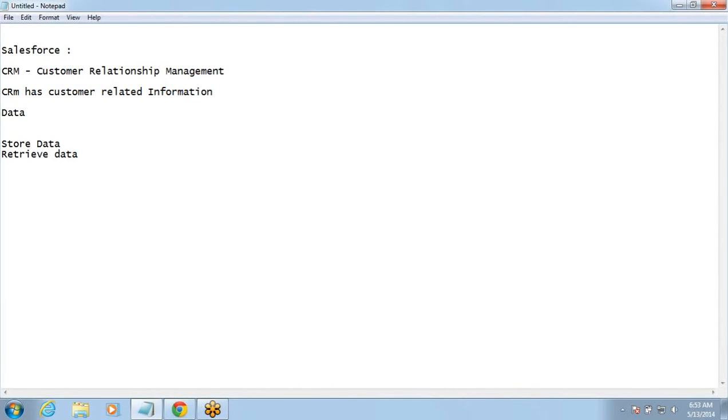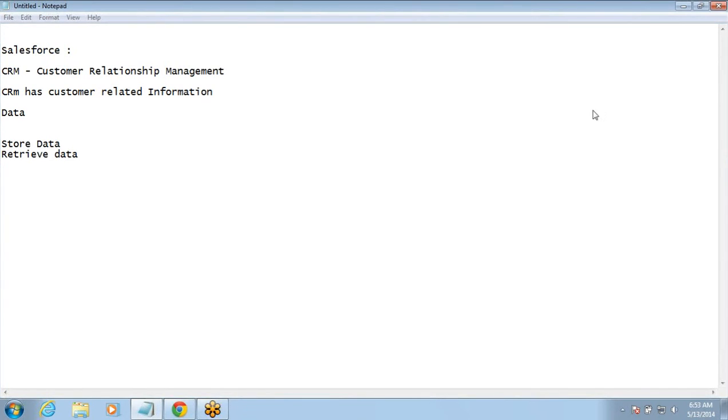So let's say when a customer comes to you and asks you for a piece of information, what do you do that time? You need to retrieve it very quickly and then reply back to the customer about his queries. You cannot say, okay, fine, I need 3 days to answer this question. I need to retrieve data from my hard disk and I need some time. That will again not help you maintain a good relationship with customers. So you need to retrieve the data really quick, right?